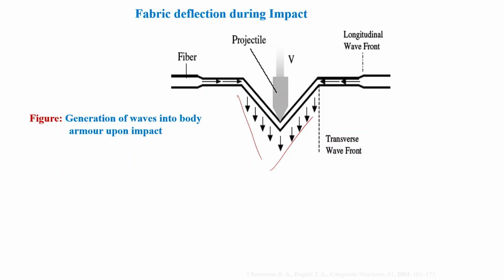Now, if the breaking load of the fiber is low, then there will be damage and the projectile will freely penetrate. So, the wave will get generated due to the impact.